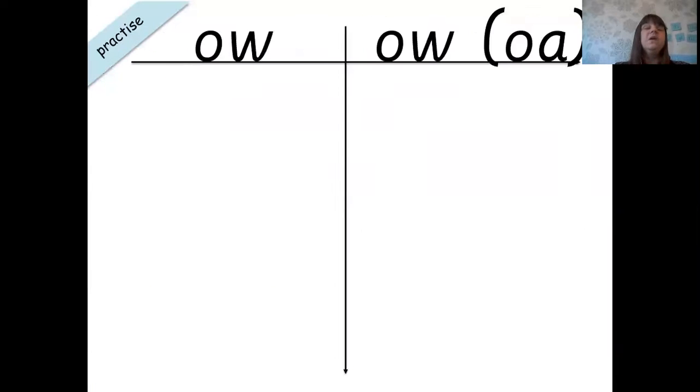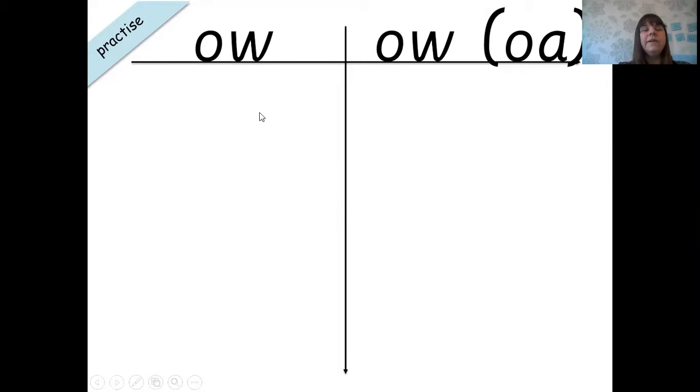Well done. So we're going to move on to our practice session. Now, can you remember we learned this last week, the ow digraph makes two sounds. It has two letters, but it makes two sounds. It makes the oh and the ow.